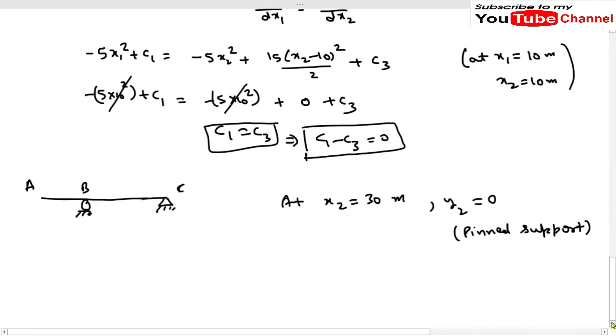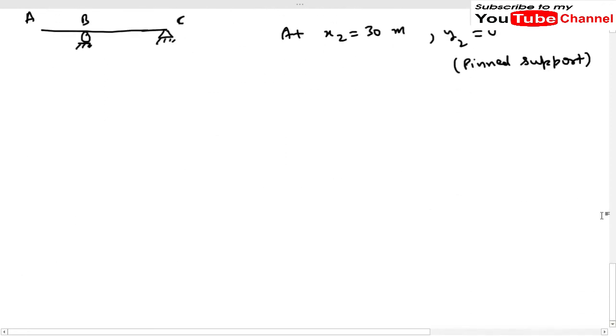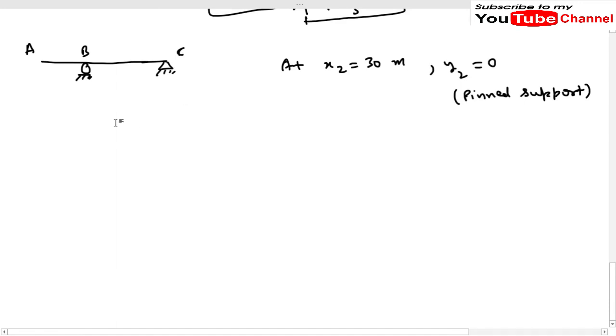So after putting the value of x2 as 30 meter in equation number 4, let me write it here. From equation number 4, put x2 is equal to 30 meters and y2 is equal to 0.